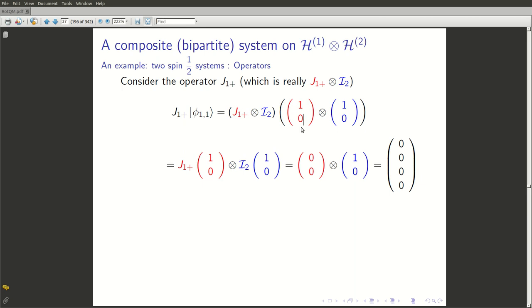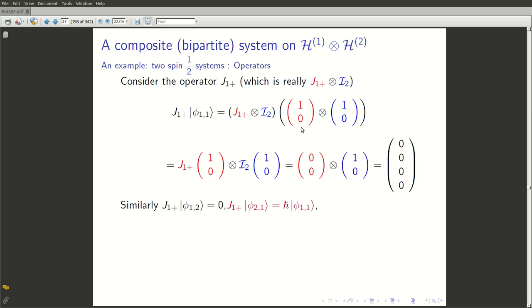Well, we can proceed in exactly the same way and find out J1 plus phi 1, 2 is 0 for basically the same reason. After all, when you say phi 1, 2, the first spin is in the state (1, 0) and J1 plus hitting that will give you 0. On the other hand, J1 plus acting on phi 2, 1 is simply h bar times phi 1, 1. This phi 2, 1, notice, is the first spin in the state (0, 1), the second spin in the state (1, 0).